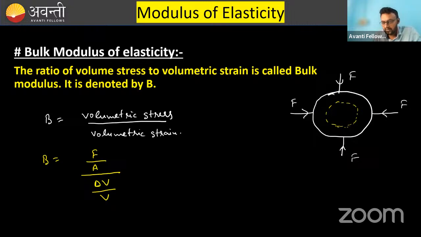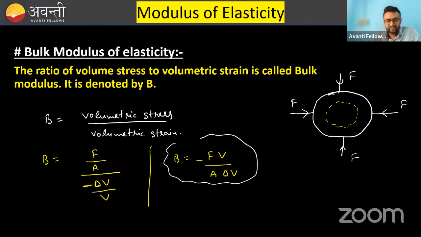Originally the body was larger, and finally it has decreased in size. That means volume is decreasing, so for that decrease I have placed a negative sign. You can further transform these values: B is equal to F V over A delta V.